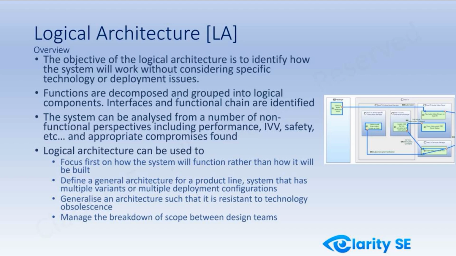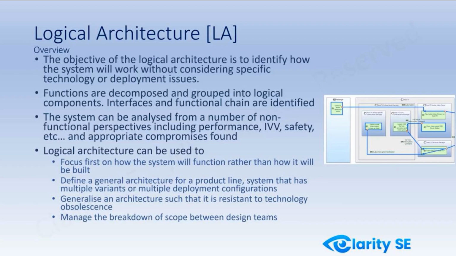Work out what those logical components are that we use to group together the logical functions in a way that's going to add value, and then work out what those interfaces are between them. In doing this, that's what then allows us to focus more on what the functional interactions are and how the system is going to work, rather than how it's actually going to be built and the specific components and the specific deployments and so on.